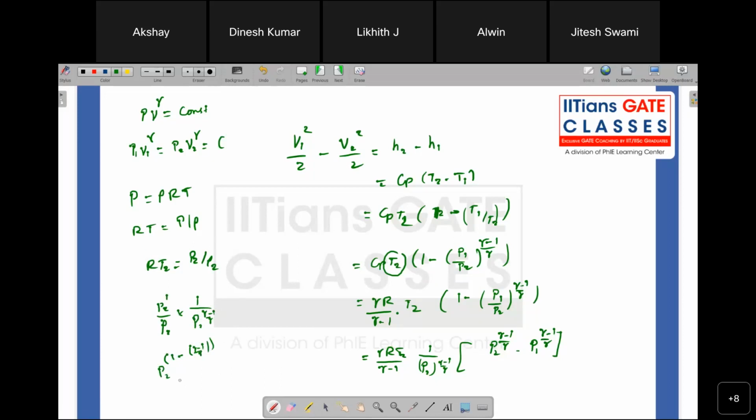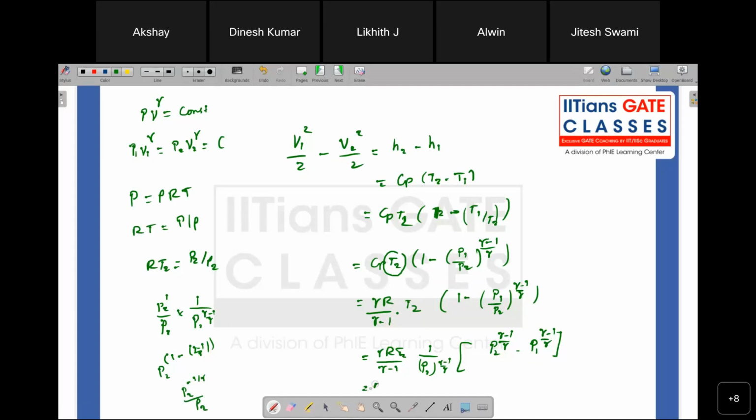So if I take LCM over here, the gamma gets cancelled. So that becomes 1 by gamma, right? So that becomes P2 to the power of minus 1 by gamma divided by rho 2. So I can replace over here.